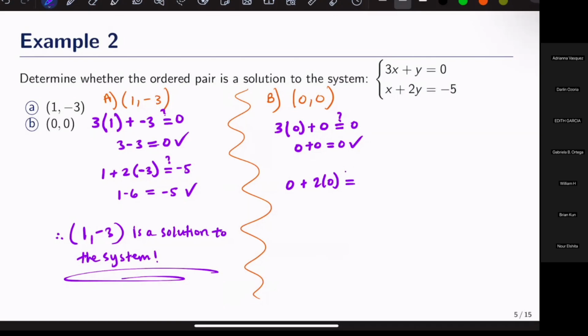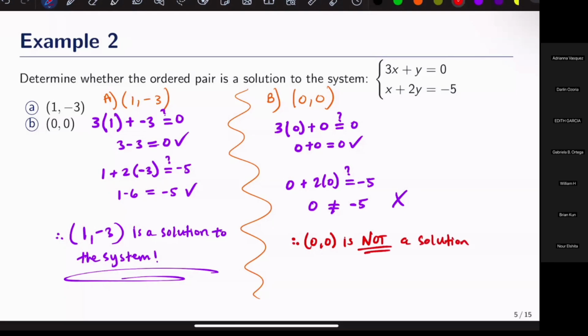Because that left-hand side ends up shooting to 0, and 0 is not equal to -5. So therefore, our point 0, 0 is not a solution to the system.